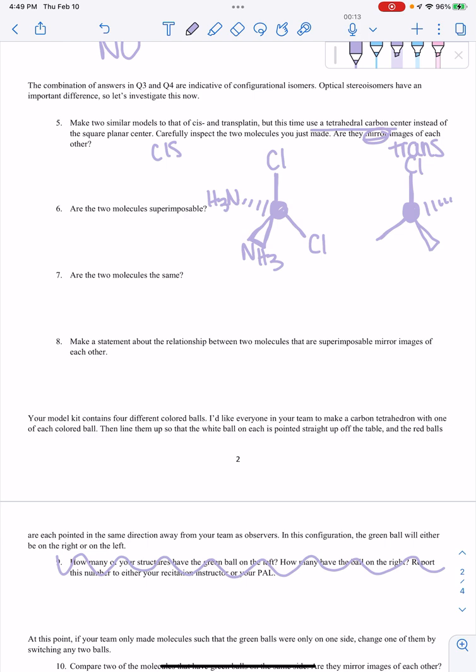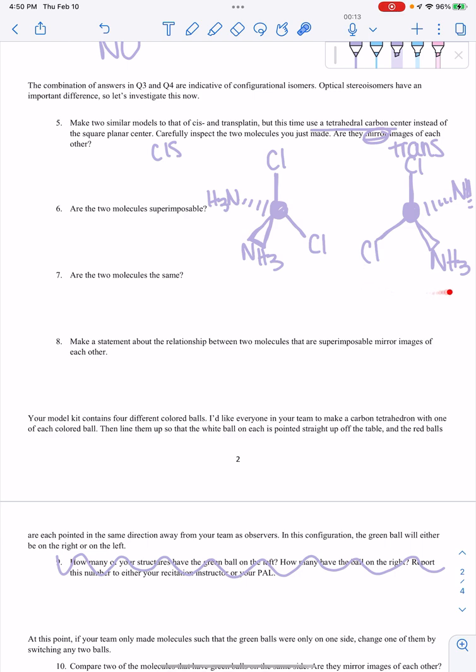So that's unfortunate, but we're going to draw these in, and it doesn't actually matter where I put any of these three groups, because since we can't draw them trans to each other, they have to be cis to each other, just like the cis isomer. No matter where I put this chlorine, it still makes both of the chlorines adjacent to each other and both of the amine groups adjacent to each other.